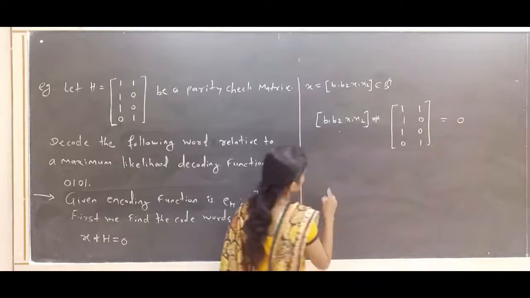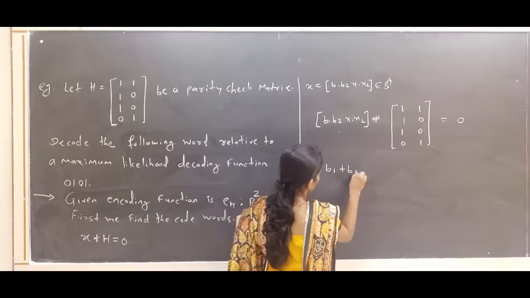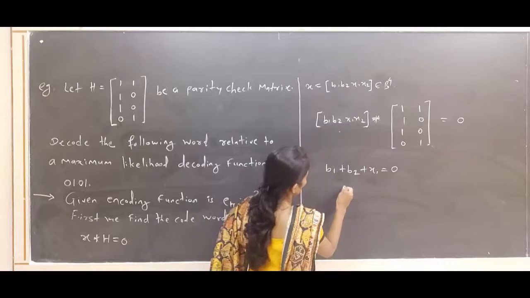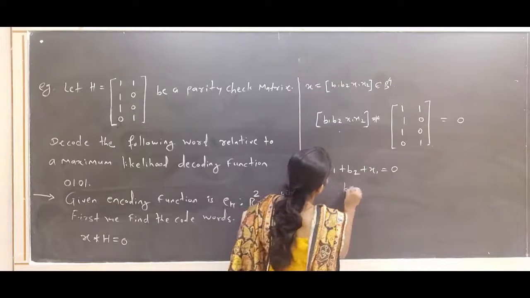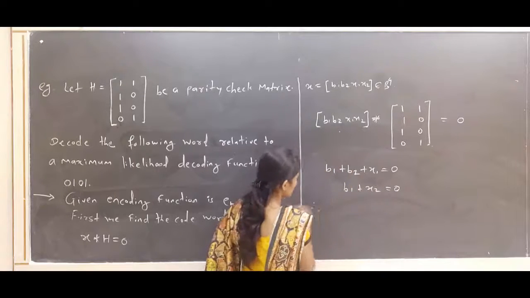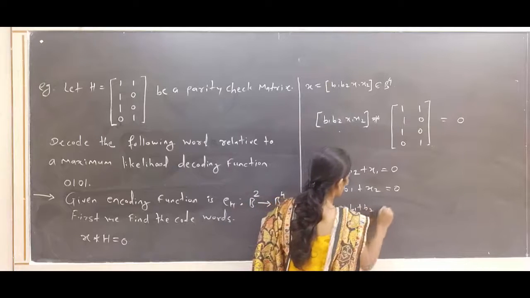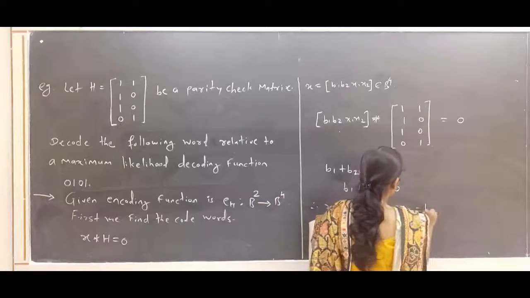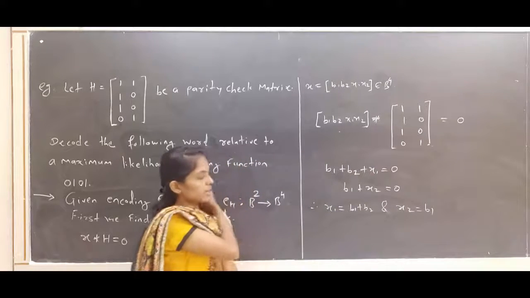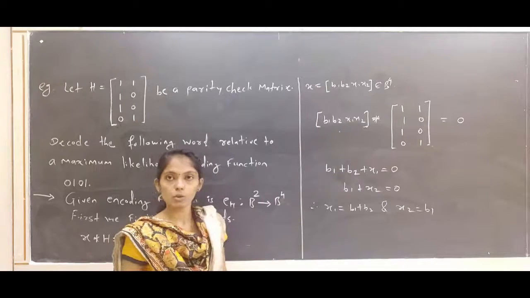So here we get, first column, b1 plus b2 plus x1 equals 0, and next, b1 plus x2 equals 0. So by using these equations we get x1 equals b1 plus b2 and x2 equals b1. So we get these two equations: x1 equals b1 plus b2 and x2 equals b1.